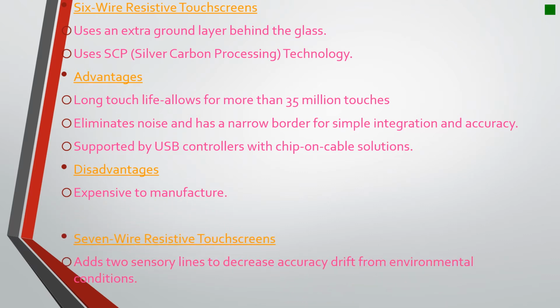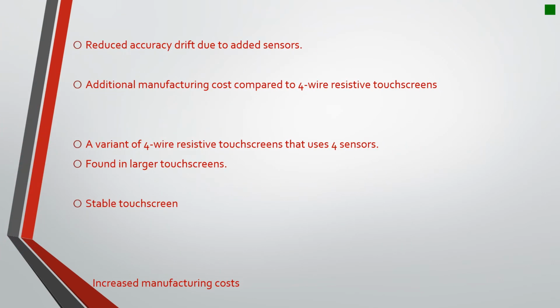Now let's look at 7-wire resistive touchscreens. Basically, they just add another extra two sensory lines to decrease any drift or degradation in the accuracy due to environmental conditions. This is a problem that is faced in both 4-wire and 8-wire resistive touchscreens.